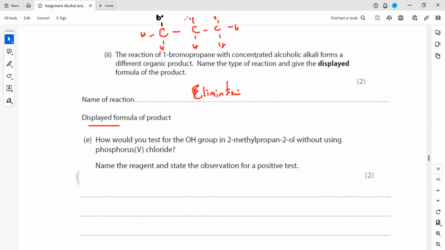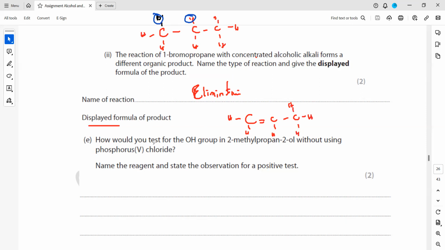Now what will happen? In an elimination reaction, the halogen is removed and the hydrogen on the adjacent carbon is removed, and there will be a double bond. So as a result of elimination, it will produce an alkene: CH2=CH-CH3.